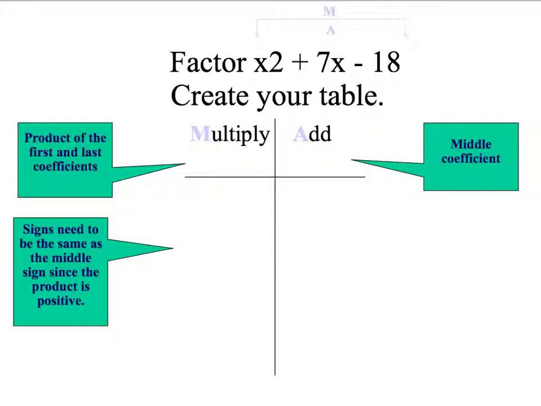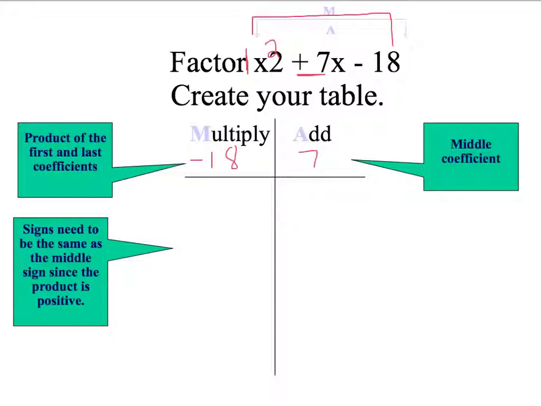Okay, so let's try another one. Here I have x squared plus 7x minus 18. Again, the coefficient here is 1. We need two numbers that multiply to be negative 18 and add up to be 7.